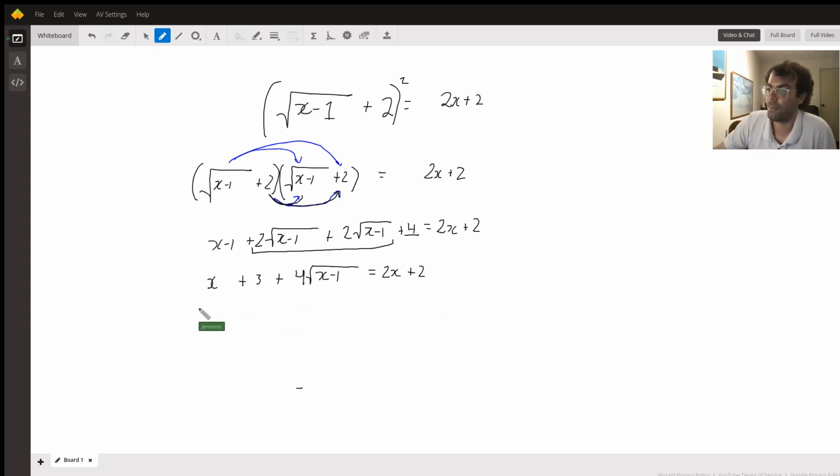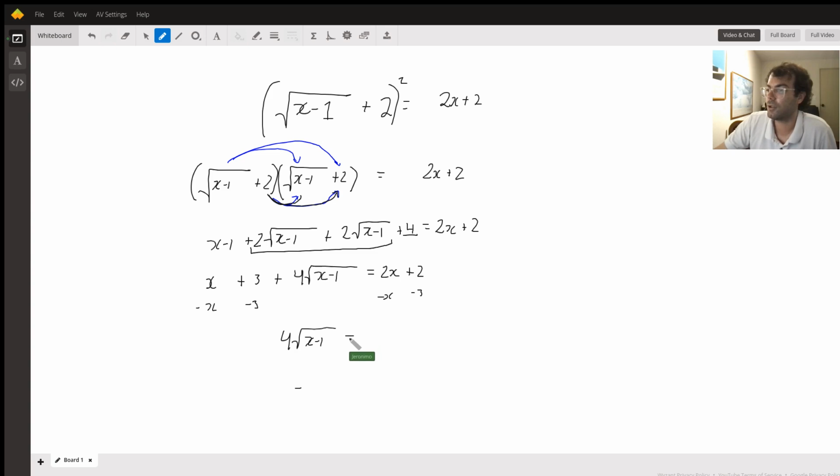So we would just go minus x minus 3, minus x minus 3, and we'll get 4 square root of x minus 1 is equal to, this goes with this, x minus 1. Easy peasy. Now, what is it that we do? We just square them up, sorry.